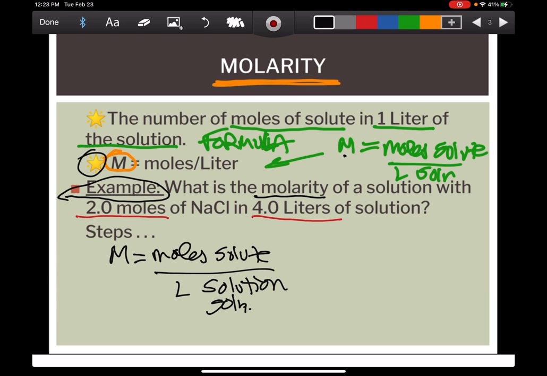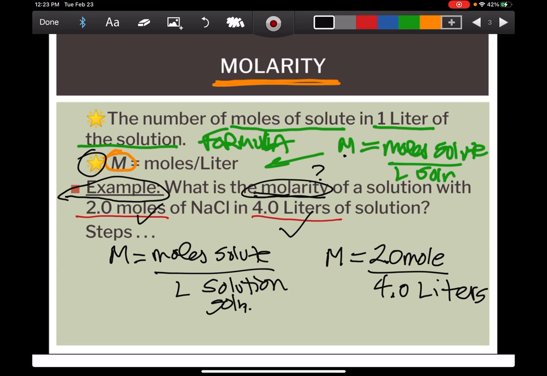So I'm going to plug in or substitute the givens that I have into this equation. I don't know the molarity. That's my unknown, so I'm going to leave that as a variable M. I do know the moles. It says it has 2 moles, so I'm going to put 2 moles in the spot where the moles go. And then on the bottom, I'm going to put 4 liters.